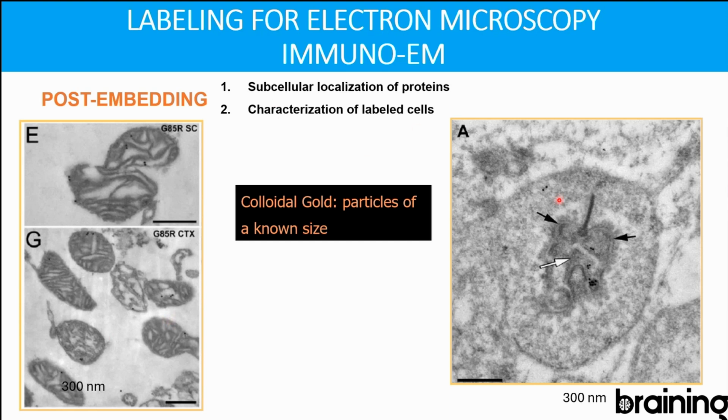Or also you can characterize the cells you are labeling. In this case, the method that I prefer the most, or the most useful, or most people use, is the colloidal gold that I told you earlier on. You can use particles of a known size and even distinct different particles.